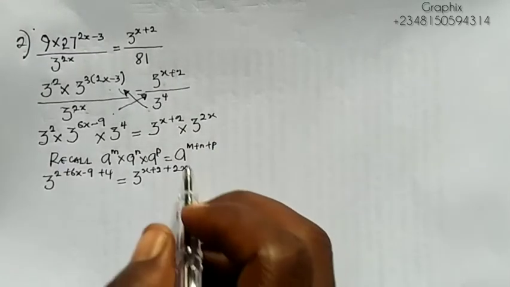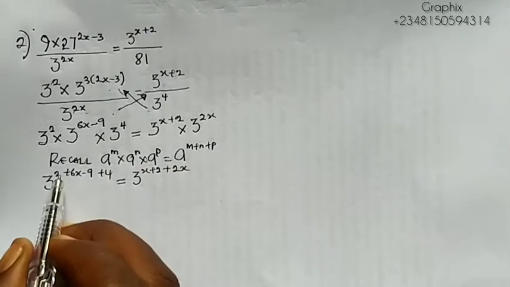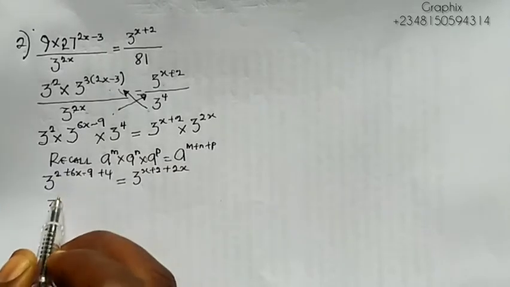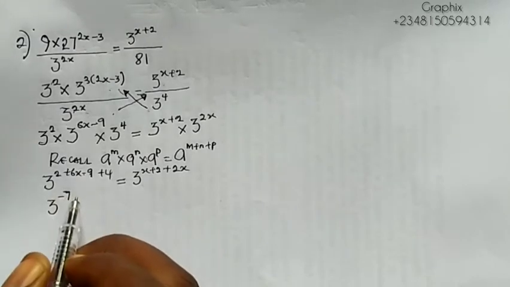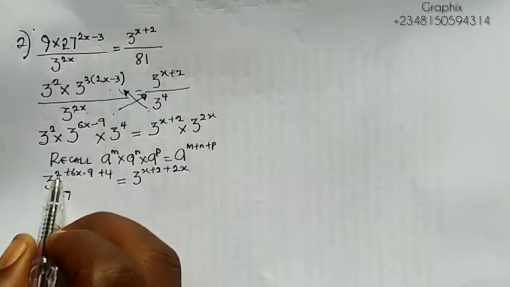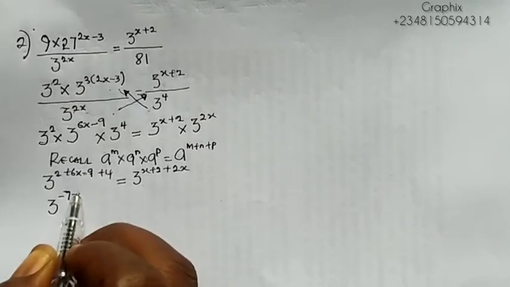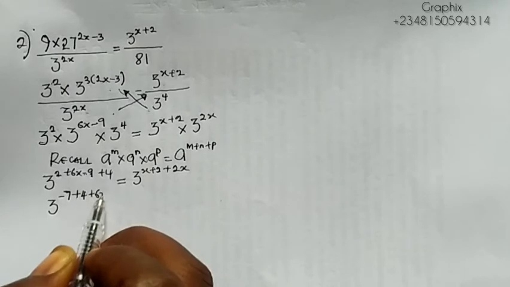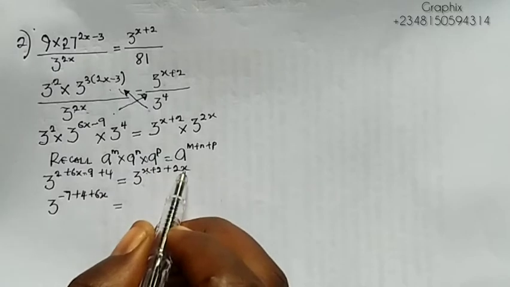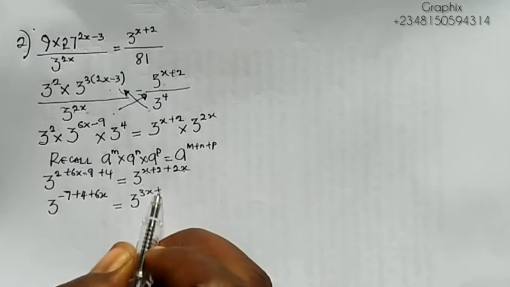Right? Now if you see this, if you collect like terms here, I'll be left with 3 to the power of 2 minus 9, which will give you minus 7. Then we're left with plus 4. 2 minus 9 will give you minus 7 plus 4, plus 6x, is equal to x plus 2x, which will give you 3x plus 2.